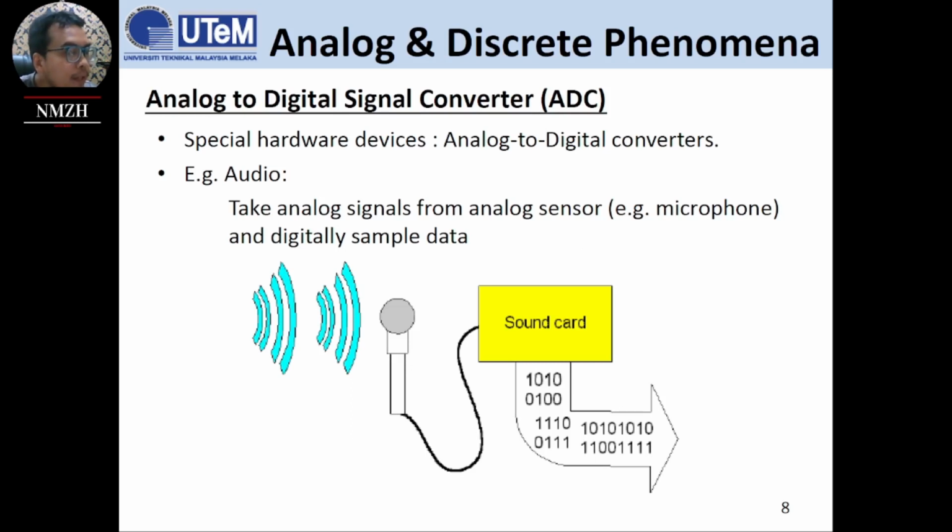So normally this happens before the data goes into the devices. As we talk, the voice coming from our throat is analog, so it will be converted by the sound card in that particular device, changing our voice to 0, 1, 0, 1, 0, 0, 0, 1, 1, things like that.